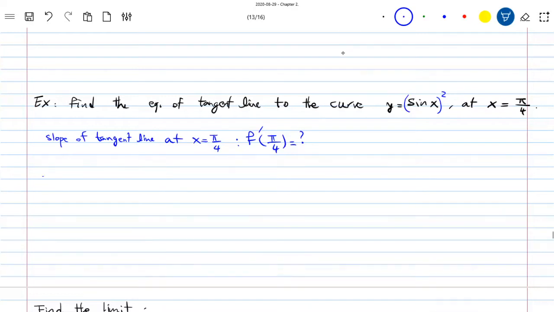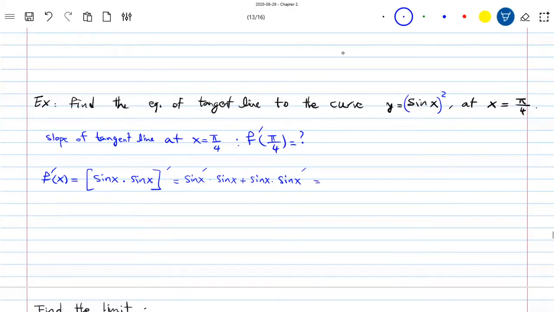So what we need first is to find out what is the derivative function, f prime x. And you have sine x squared. What is sine x squared? Sine x squared means sine x times sine x. So take the derivative of that. What would be the derivative? Use product rule. You'll get sine x derivative times the other function, derivative of the first times the second, plus the first function times the derivative of the second one.